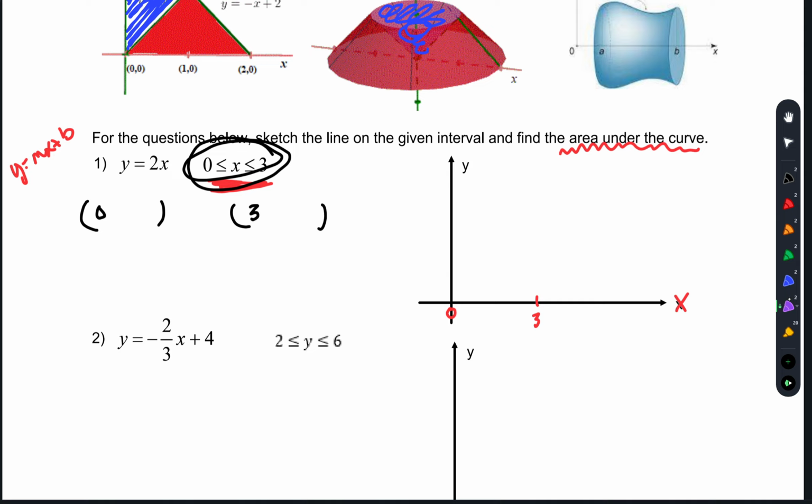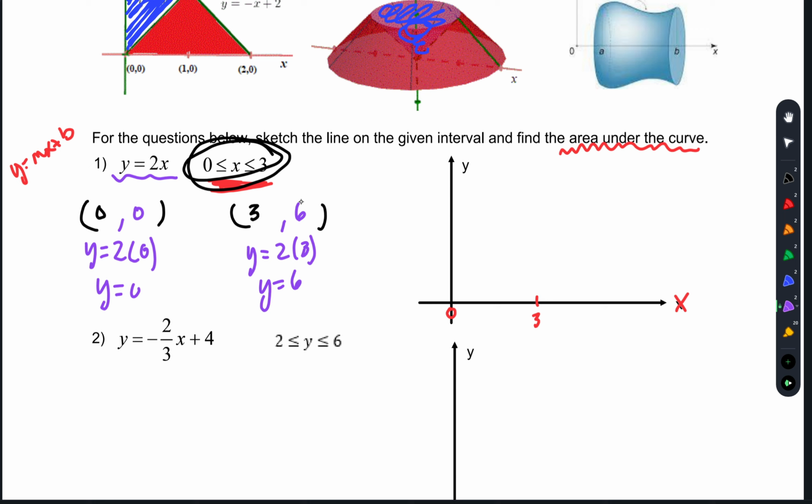Now, to find the y values, all we're going to do is take my equation and plug those numbers in for x. So y equals 2 times 0, or y equals 0. My first point is then (0, 0). And then y equals 2 times 3, so y equals 6. My point is (3, 6).